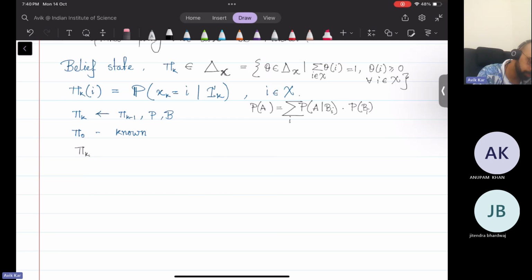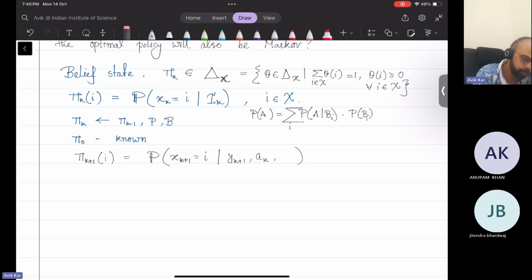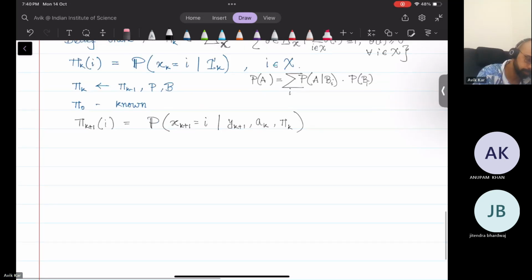So π_{k+1}(i) is the probability that x_{k+1} is equal to i, given y_{k+1}, a_k, and also x_k. Sorry, x_k we have not seen. y_k is something we have seen.